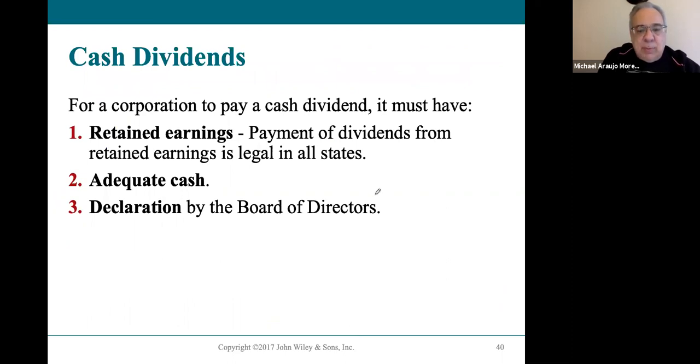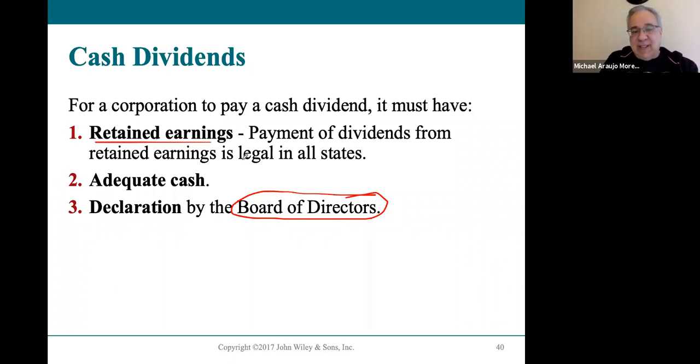Now, what's important to know about dividends is only the board of directors has the power to declare it. They're the only group in the corporate structure that has the power to declare a dividend. Nobody else can. They cannot declare a dividend unless, A, they have retained earnings.